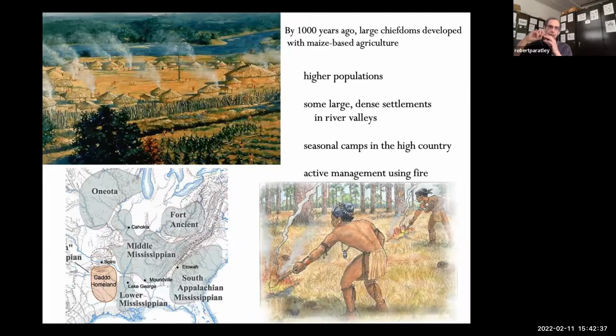Maize-based agriculture had taken off in the eastern United States, and it led to denser populations. It lent itself to large chiefdoms and almost cities and seasonal camps in the high Appalachians, and even more active management of fire.